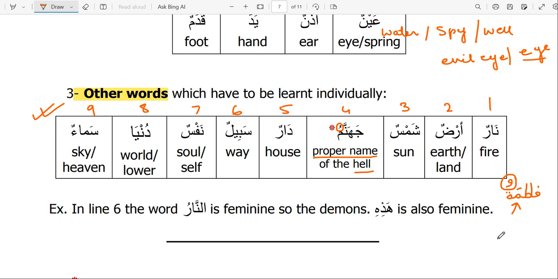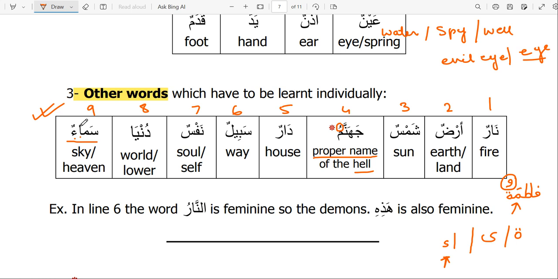The second is the alif maqsura without a ya, without the dots. And the third one is alif mamduda. Where can you find the alif mamduda here? In asma', sama'. So you can find alif and hamza here. This tells you that it's a feminine noun.